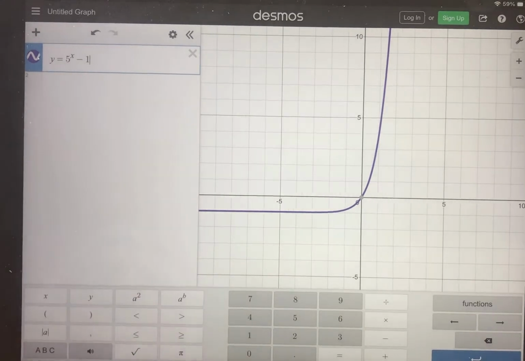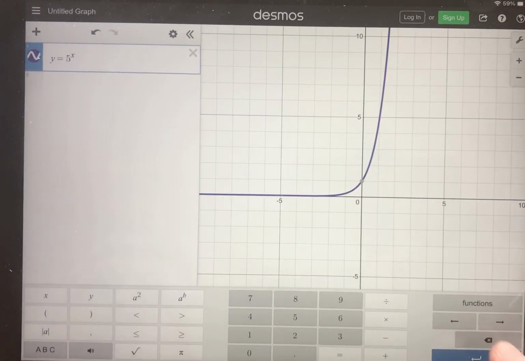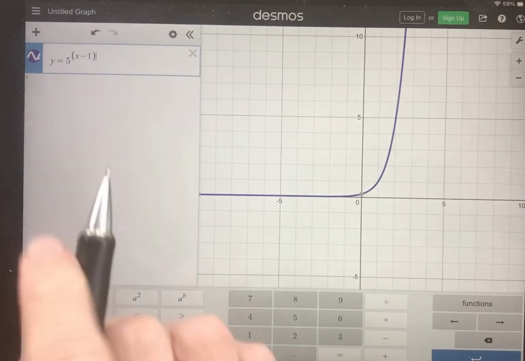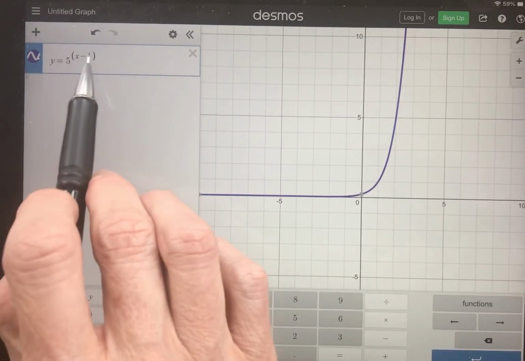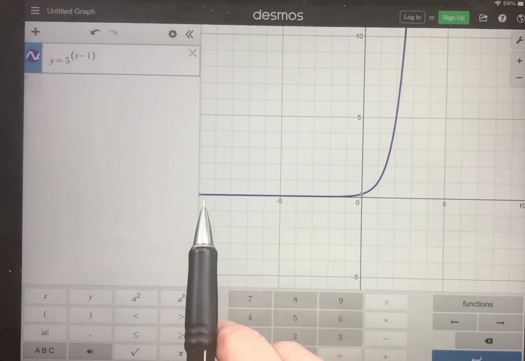It doesn't hold the minus 1 in the exponent. So we need to go back and we need to use parentheses to hold our exponent together. So 5 to the x minus 1, and I use parentheses, and now I have the entire subtraction problem in the exponent. So here's that purple curve.